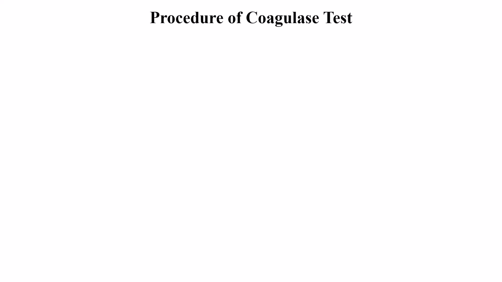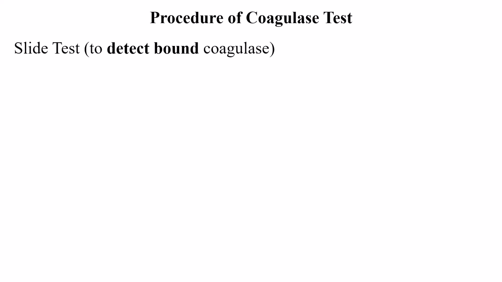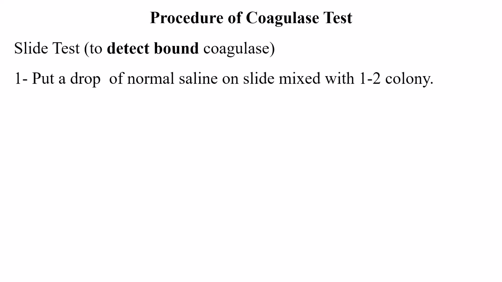The procedure of the coagulase slide test, we will apply it in the lab to detect the bound coagulase, the coagulase that is attached to the surface of the bacteria and reacts directly with the plasma to make fibrin. We will put a drop of normal saline on the slide, then mix it with 1 or 2 colonies of the bacteria to be tested.